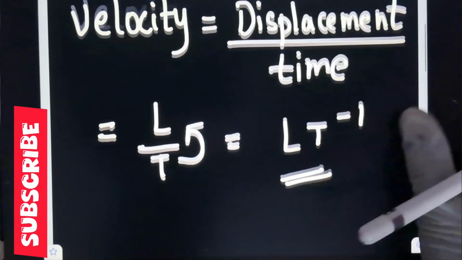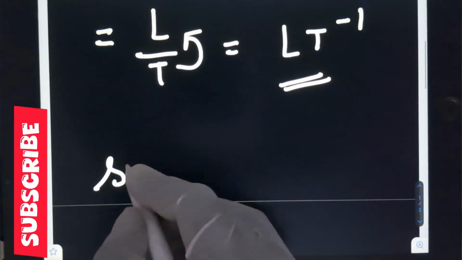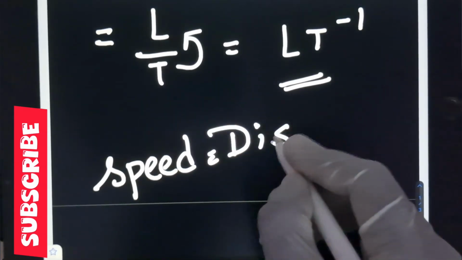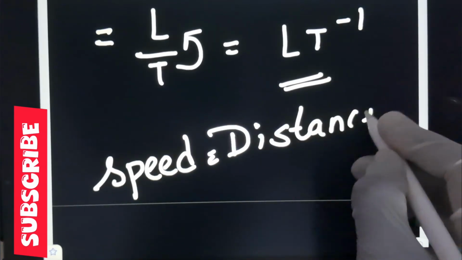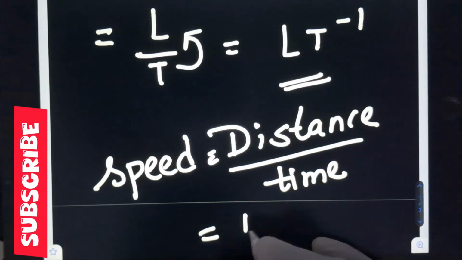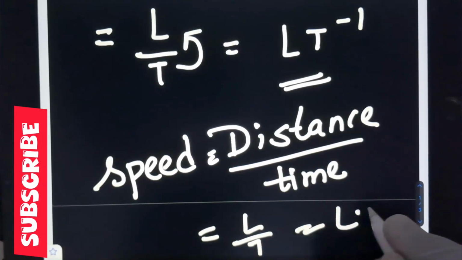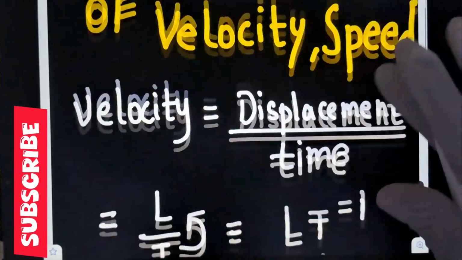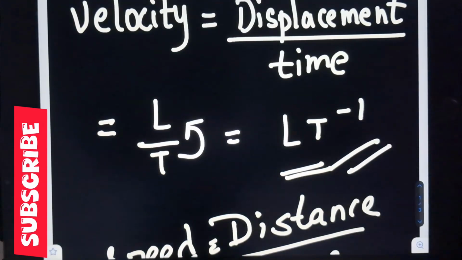Now let us see speed. The speed formula is total distance traveled by total time taken. The distance is denoted as L and the time T, and it will be L T power minus 1. So the dimensional formula of velocity and speed is L T power minus 1.